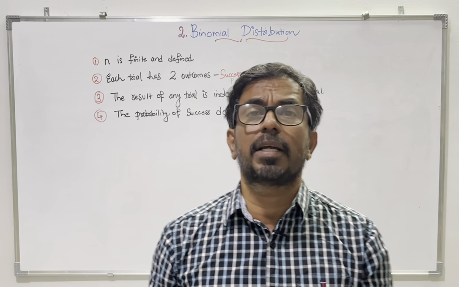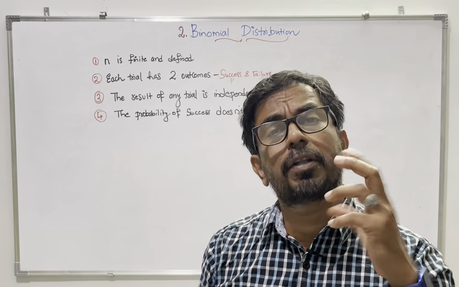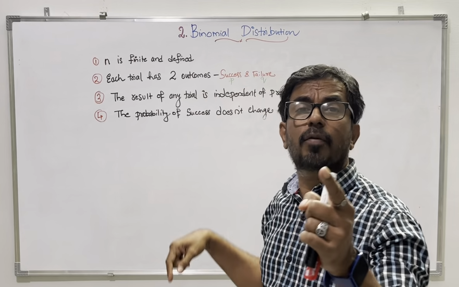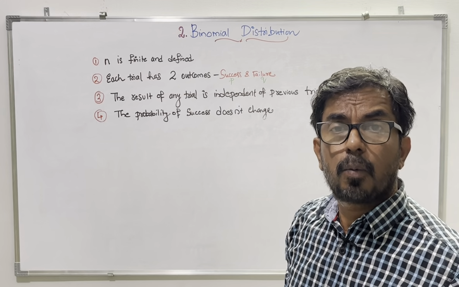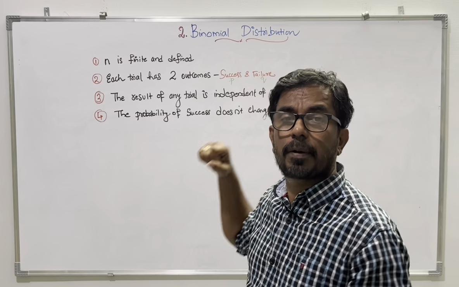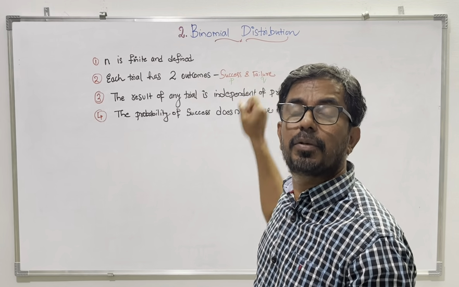And the next thing that you should check is the probability of what you favor. Let us call it a success. What you look for, we will call a success. What you don't look for, or what is the opposite of what you look for, is failure. Usually it is represented by the small letters p and q.